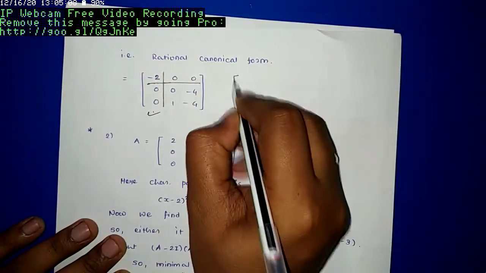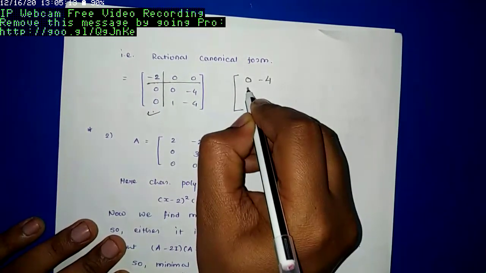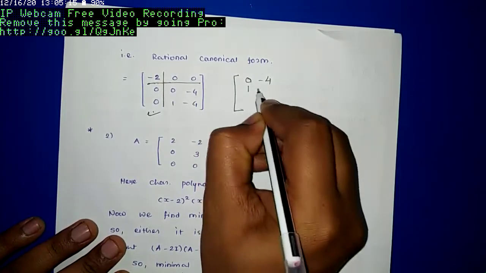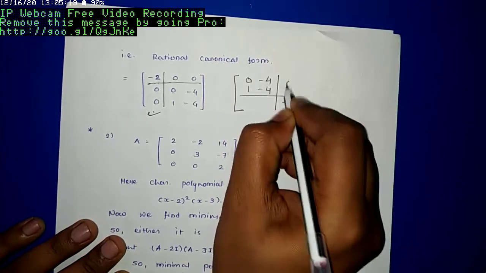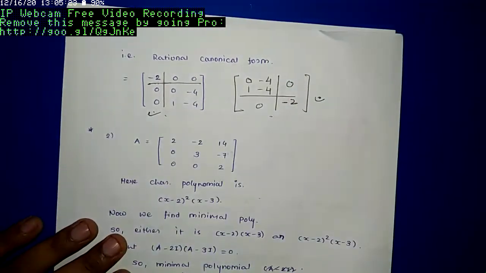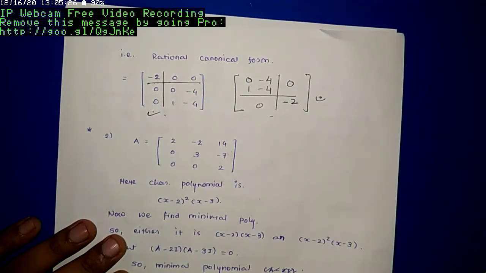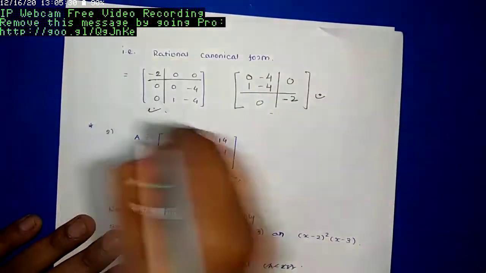It is also possible we write it this way. Both are the same case, so the possibility of the rational canonical form in this case is only 1, and this is the answer.